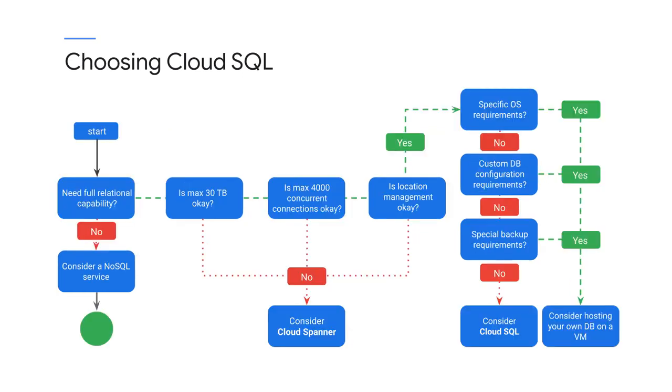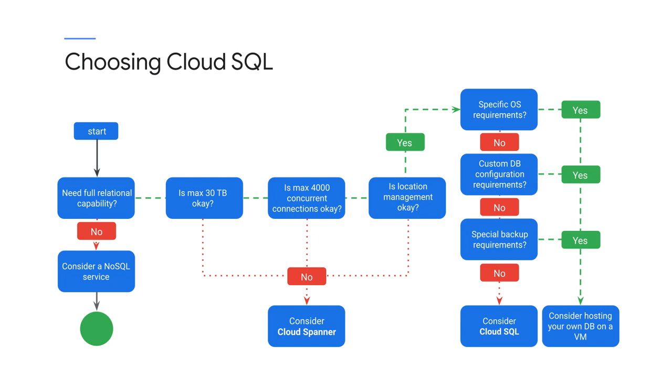To summarize, let's explore this decision tree to help you find the right data storage service with full relational capability. If you need more than 30 terabytes of storage space, or over 4,000 concurrent connections to your database, or if you want your application design to be responsible for scaling, availability, and location management when scaling up globally, consider using Cloud Spanner, which we'll cover later in this module.